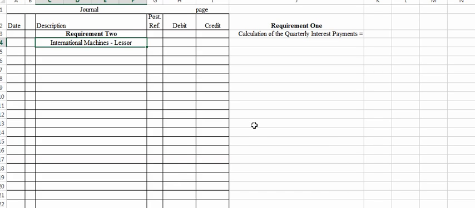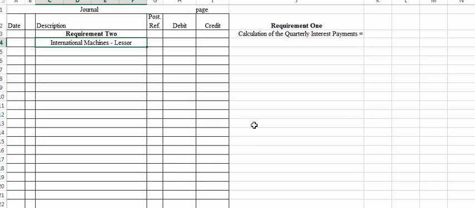So our lessor here, International Machines, is going to earn revenue two ways. Let's read through it. Manufacturer Southern leased high-tech electronic equipment from International Machines on January 1st, 2016. International Machines manufactured the equipment at a cost of $85,000. Note the fair value of the asset, $112,080.